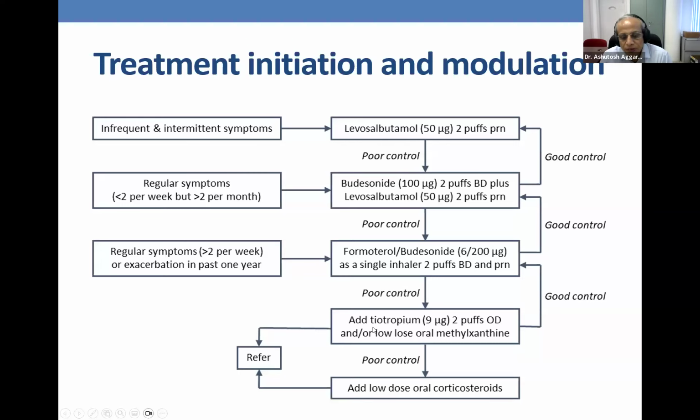So tiotropium is prescribed again as an inhaler, which is 9 micrograms per dose, 2 puffs once a day. Alternatively, we can add low-dose oral methylxanthine such as aminophylline or theophylline if the tiotropium inhaler is not available.